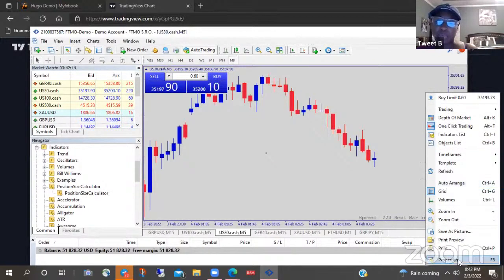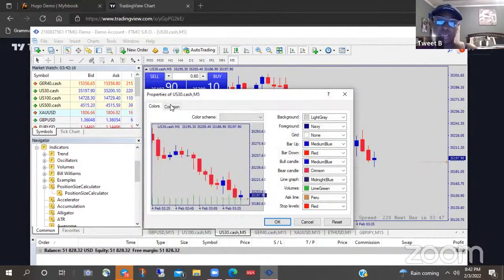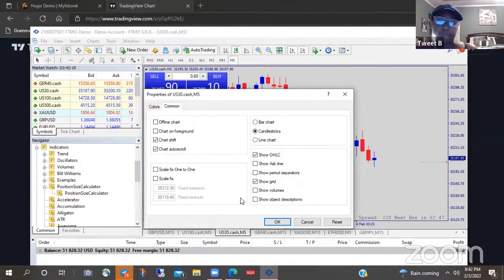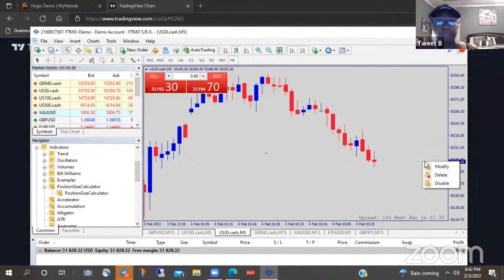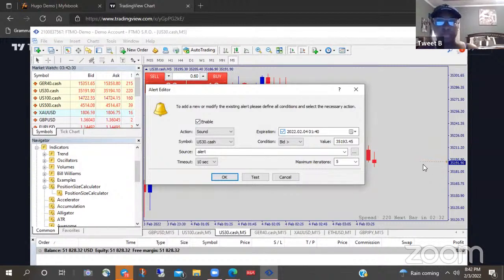No, so on the actual dash line, right click on the actual little dash alert line. Modify. So you see where it says source, you can actually type a message in there.